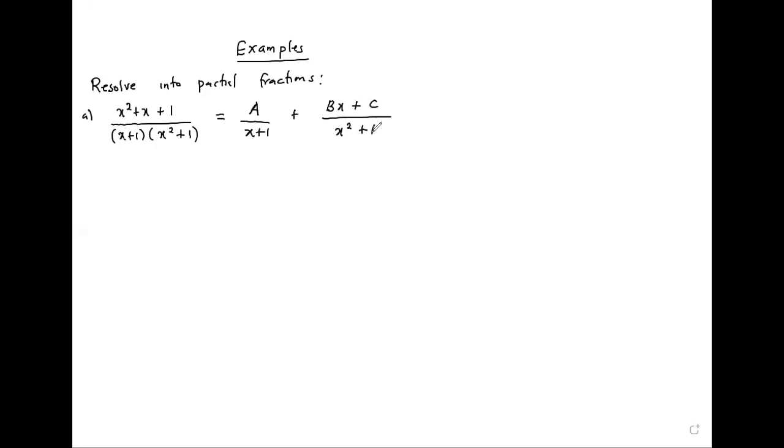The idea is you must always have the number on top with the powers of x less by 1 than in the denominator. So the denominator should have a higher power by 1 when you're not dealing with linear, that is, when the power of x in the denominator is not 1.